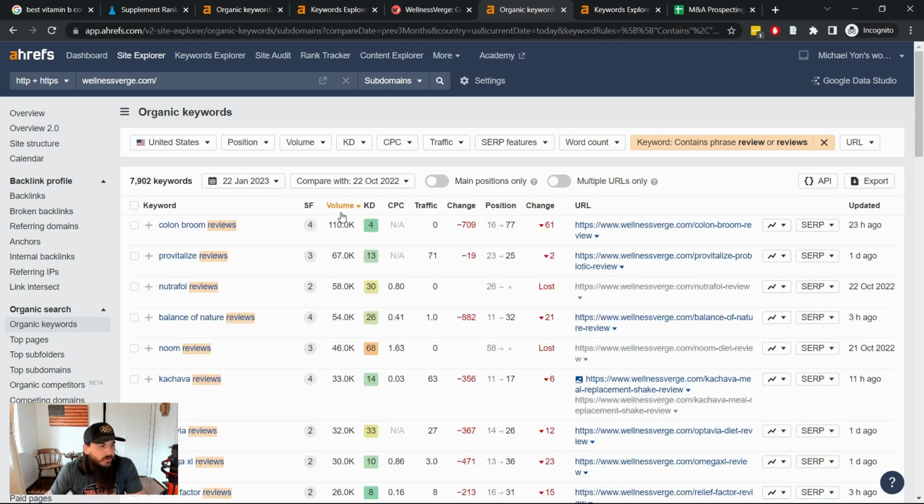Now, you could also apply some keyword difficulty filters here as well if you wanted to get to some lower competition stuff where some of your larger sites may not be playing, to potentially get to some juicy acquisition targets.